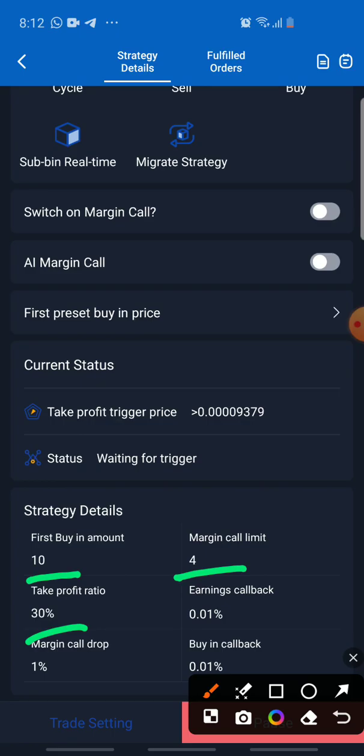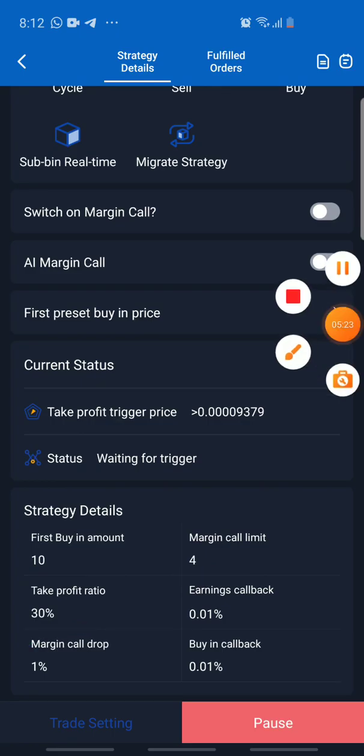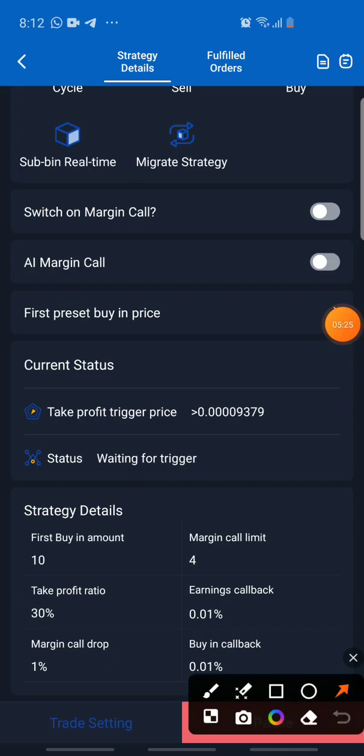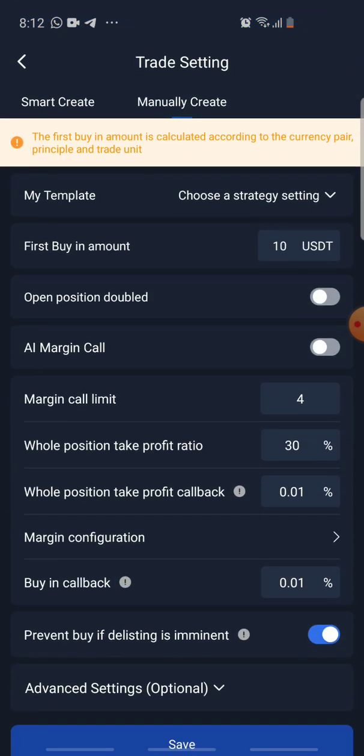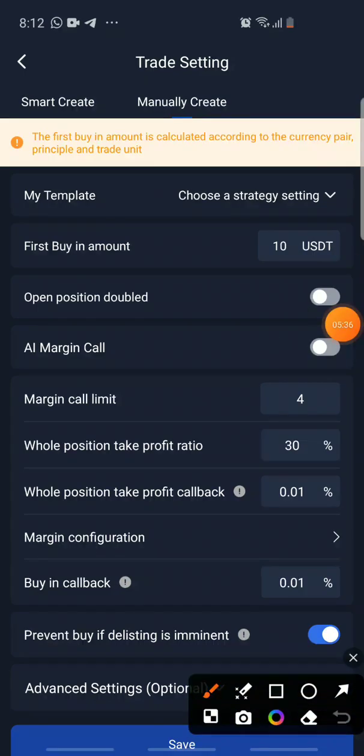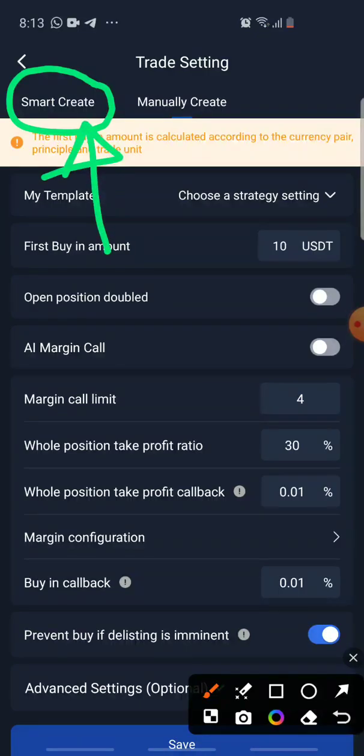So now let's dwell more on the trade settings. We are going to click on this button for trade settings. Now when you click on trade settings, they will take you to the trade settings page. Usually we shall have what we call smart create, where the settings are already inbuilt in the bot.